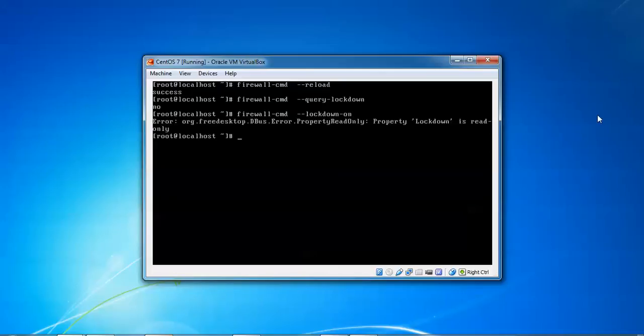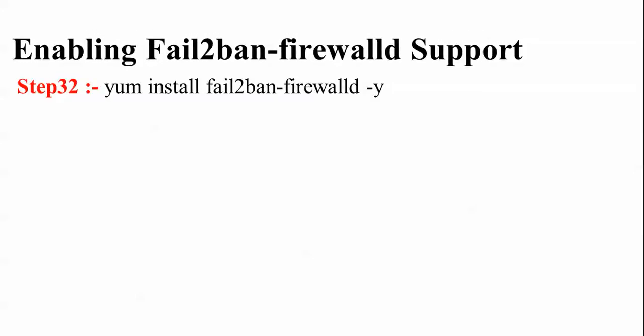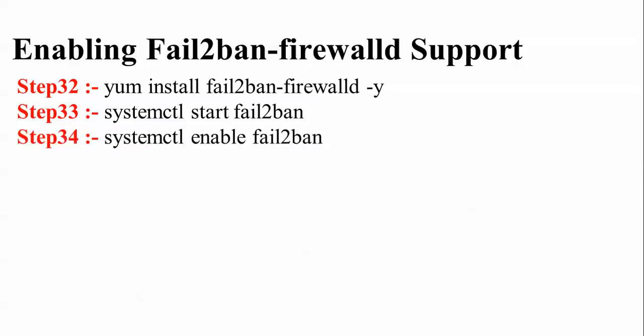Now I'm going to enable fail2ban with FirewallD support. For that, this is to install fail2ban-firewalld. After installing, we'll check with systemctl start fail2ban. Then we'll move to enabling this fail2ban.